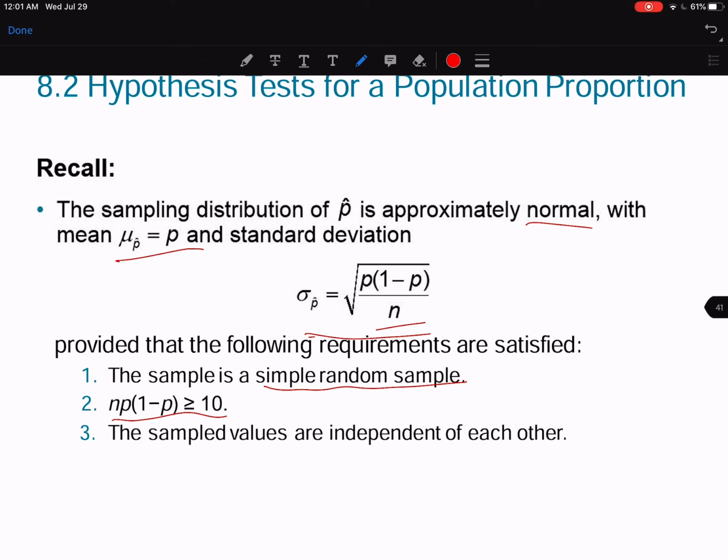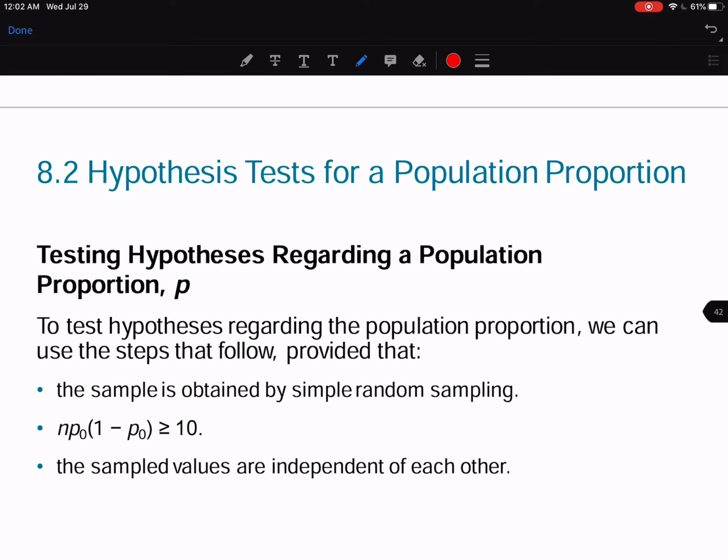Technically, we should check these 3 conditions, but in fact, we don't have to in this class, because pretty much all the problems we meet in this class are going to satisfy those 3 conditions. All right.